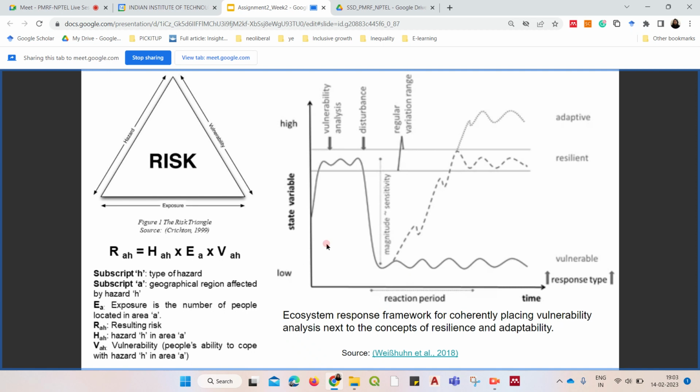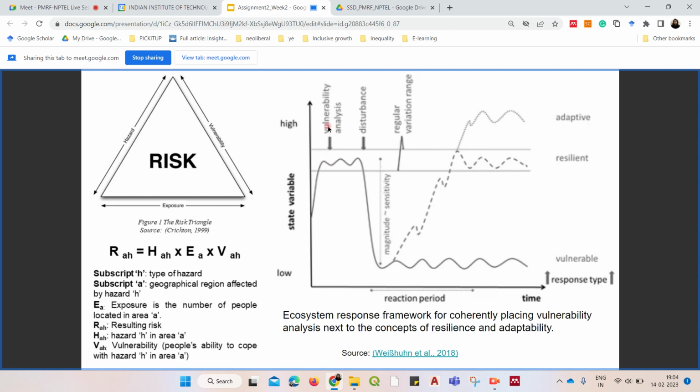Then there are ecosystem response frameworks also. So here you can see this is how the ecosystem is functioning when it's not being disturbed by any external shock or stress. So it is not a constant thing, because ecosystems are dynamic themselves. So even while there are no disturbances, there are some irregularities.